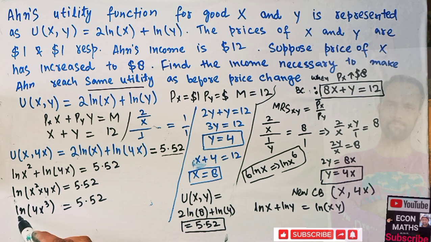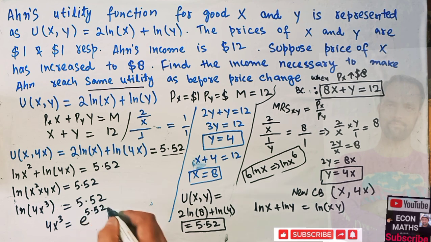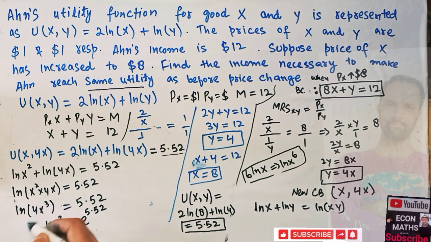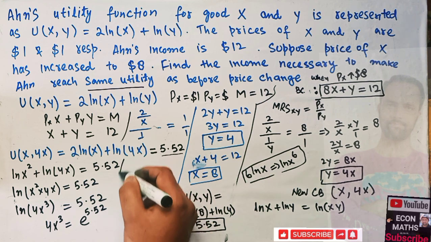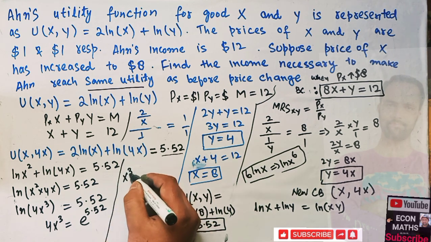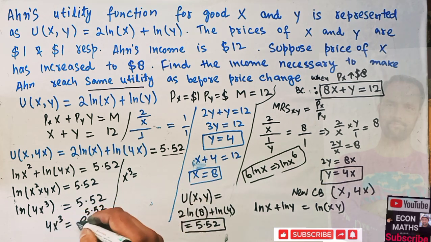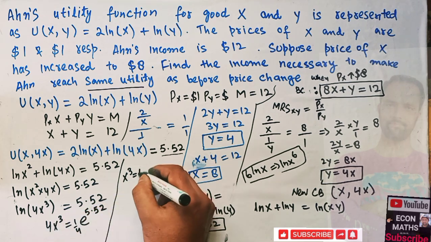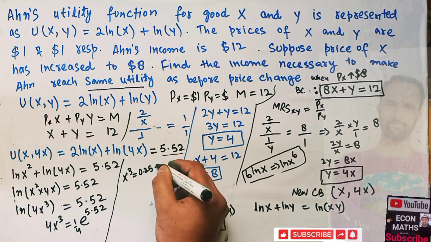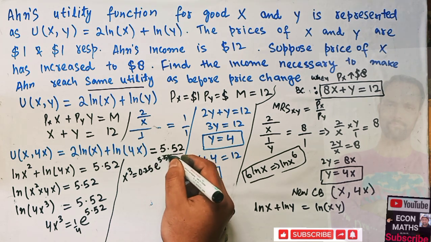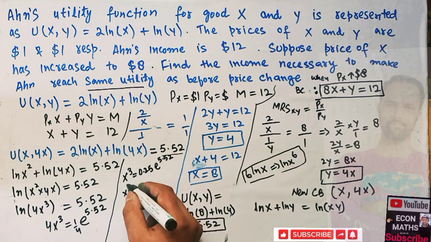If I transpose this ln, it will become the exponential function here. So 4x cube will become e to the power 5.52. Simple. Transposing this, it will become e here. Or we can write x cube is equal to, if we transpose this 4, it will become 1 upon 4, this is 0.25, e to the power 5.52.